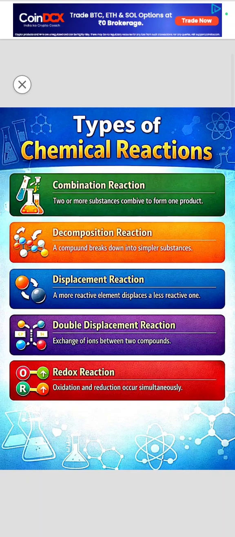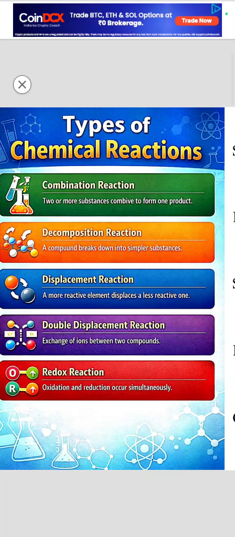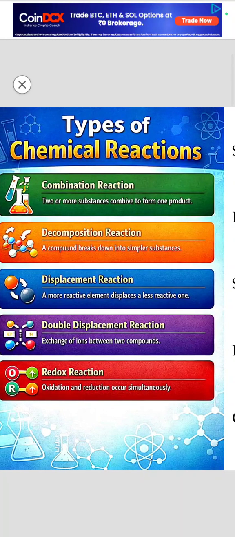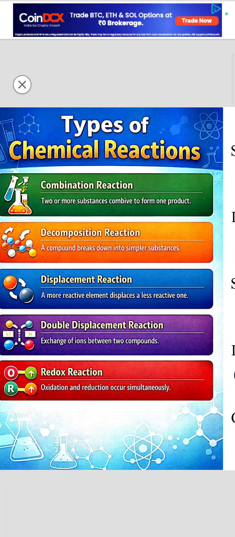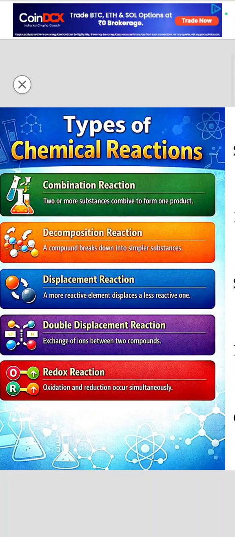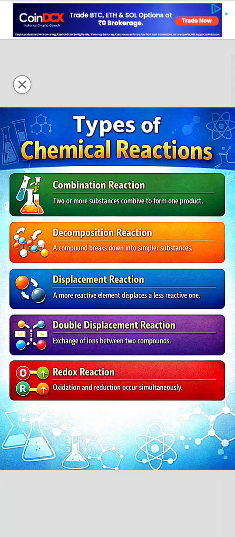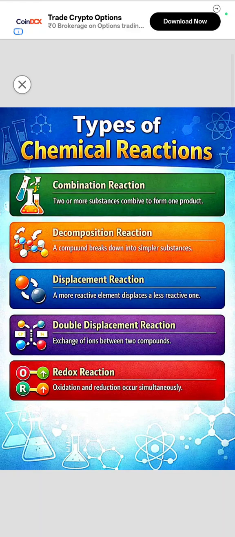Starts with combination reaction. From the word combination, what is the meaning of the word combination? The meaning of the word combination is some things will combine, some substances will combine. So the definition of combination reaction is two or more substances combine to form a new substance, a product.